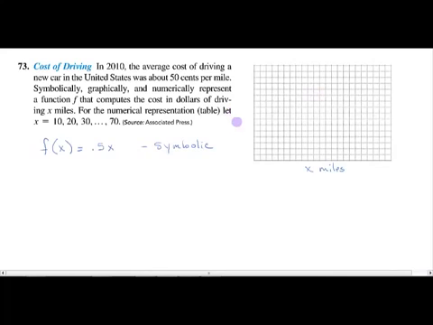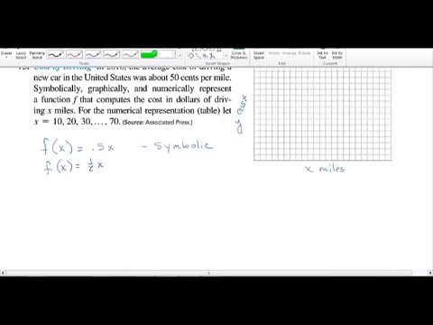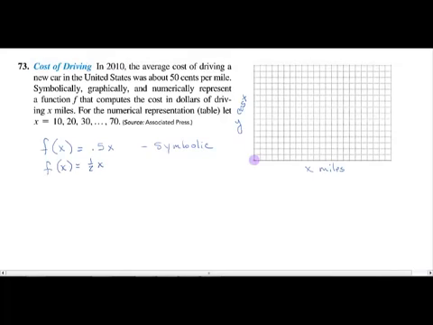So let's put that, y is the cost. Now it helps if we write this as a fraction when we go to graph this. So if we write this as f of x equals 1/2 x, then we can recognize that this is the slope and the y-intercept is 0. So we'd have this point at the origin.